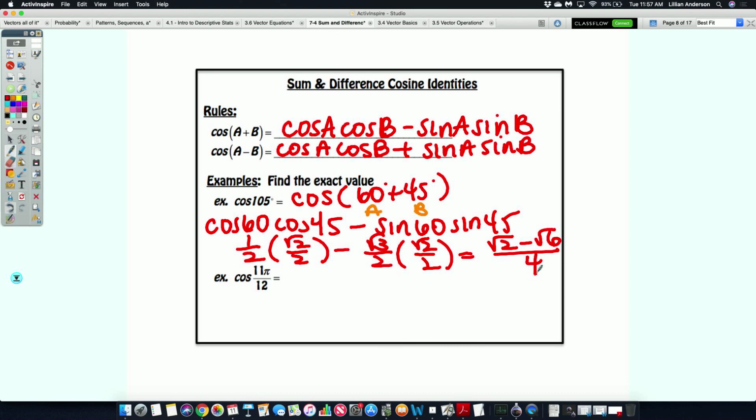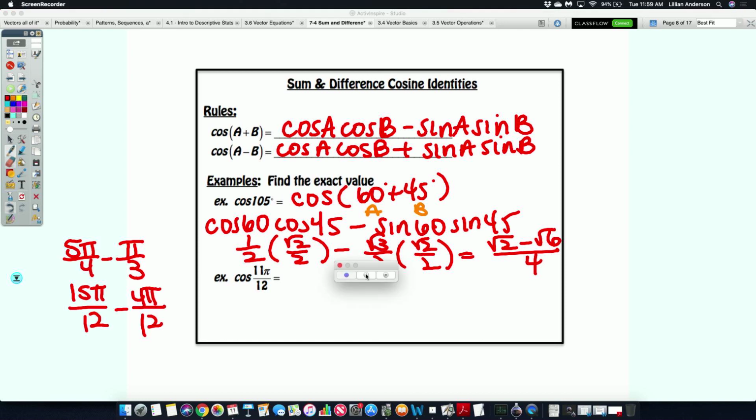Now for the radians. I've got to figure out what two angles either add or subtract to give me 11 pi over 12. What two angles on the unit circle do that? The two angles we came up with were 5 pi over 4 and pi over 3. Subtracting them, that becomes 15 pi over 12 minus 4 pi over 12, which does give us 11 pi over 12.